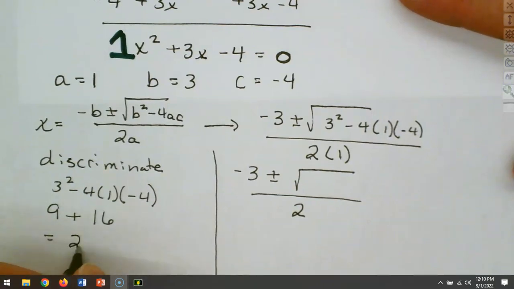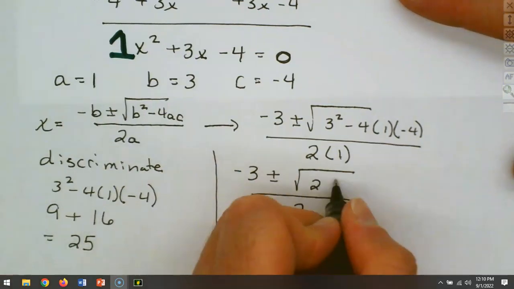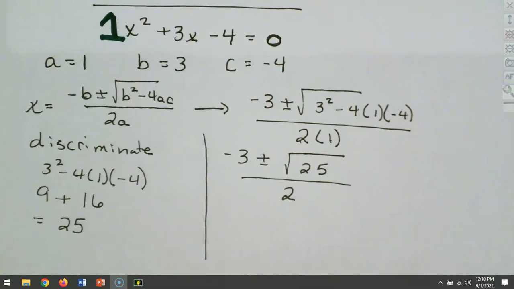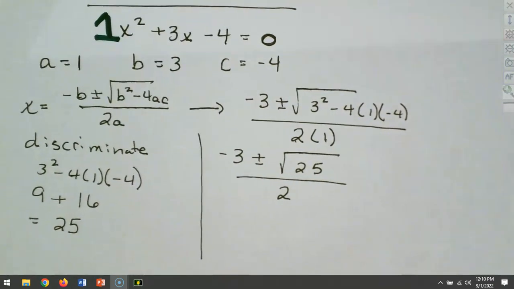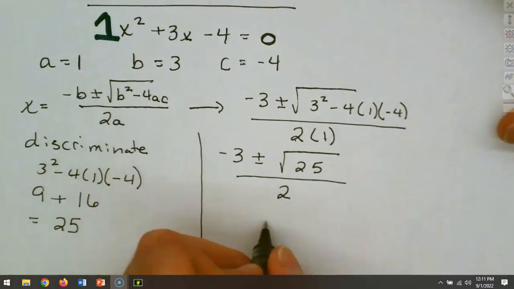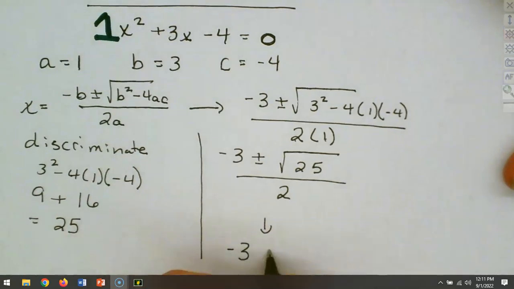Adding those together, it looks like we get 25, doesn't it? So that's what we needed. Now, again, just like one of the previous questions, 25 is a perfect square. And 25 is going to be a perfect square of 5. So I can rewrite this now as minus 3 plus or minus 5 over 2.